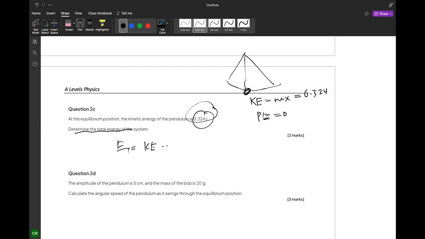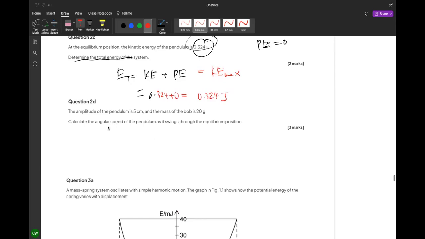At the lowest point, the kinetic energy is this number, and the potential energy at the lowest point is 0, so it must be the same. It equals the KE max, so it's 0.3234 joule.